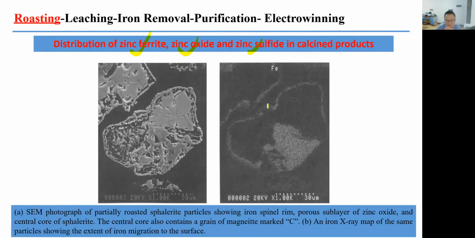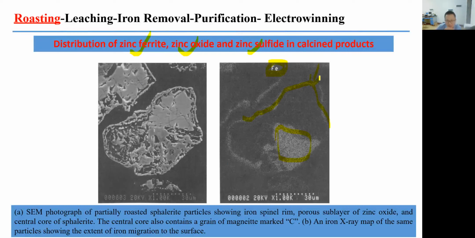This is the location of zinc and of iron, and this is the center of the particles. In the outer layer we have enriched iron.